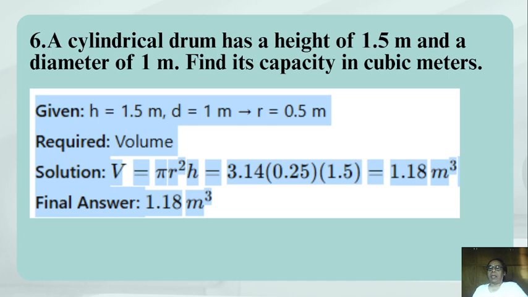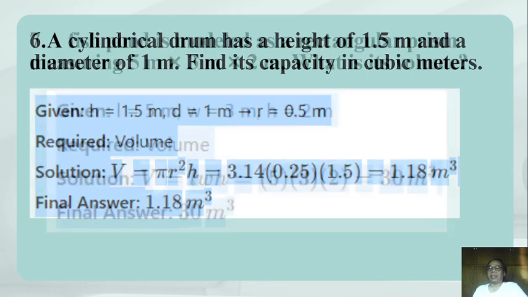Our required is the volume. And our solution, V equals pi r squared times the height. Substitute now the data. Our final answer is 1.18 cubic meters.